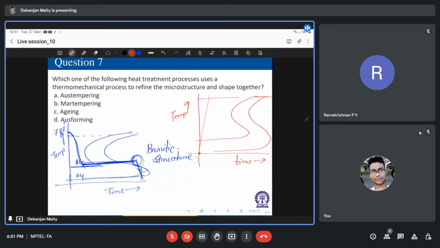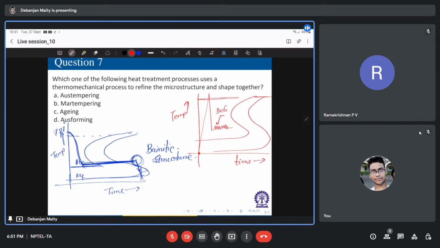You are heating the material above that upper critical temperature, and then you quench it rapidly, and then you do some kind of deformation at this state.